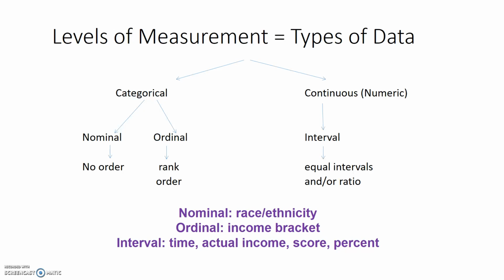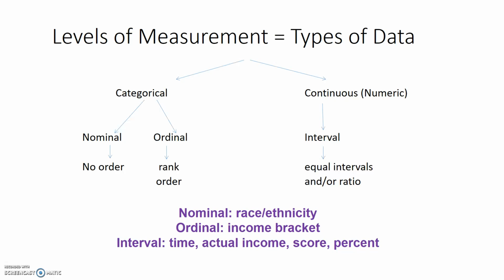So there is an order to the money. For example, the distance between $1 and $2 is the exact same distance between $3 and $4. Or think of it as time. So the distance between 1 and 2 minutes is the exact same distance between 5 and 6 minutes.